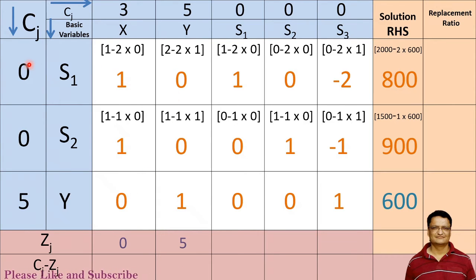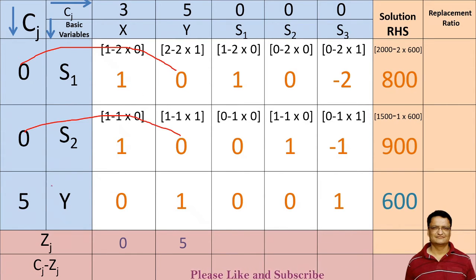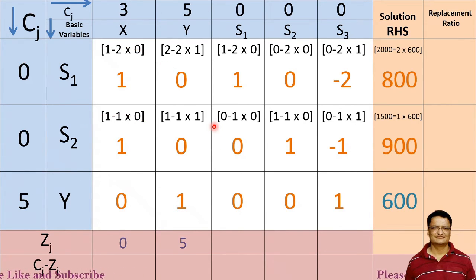Similarly here, 0 into 0 plus 0 into 0 plus 5 into 1 will give me a value of 5. Similarly I can go for the remaining values.